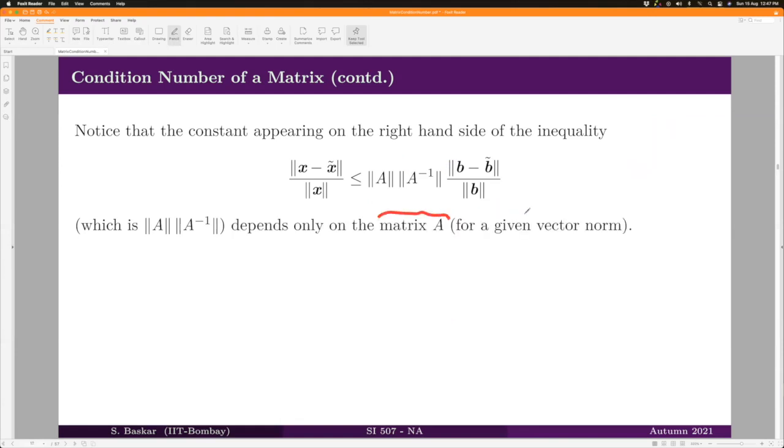Of course, it depends on the vector norm that you take, because you give me a vector norm, I will correspondingly find the subordinate matrix norm of the vector norm, put that together and get this inequality, right? That is how our theorem went. Remember, this matrix norm is the subordinate norm.